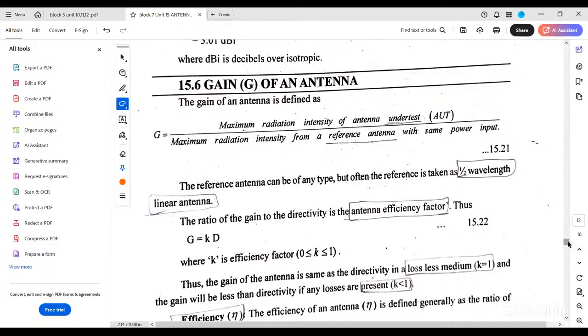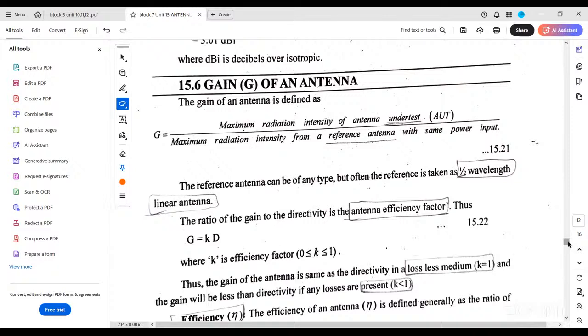What is the gain of the antenna formula? Gain of the antenna is the ratio of the maximum radiation intensity of the antenna under test to the maximum radiation intensity from the reference antenna with the same power input. While doing experiments, using reference values only, we decide whether it is correct or not.